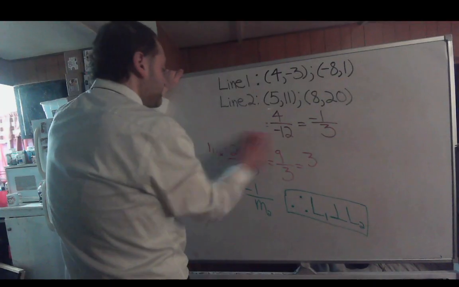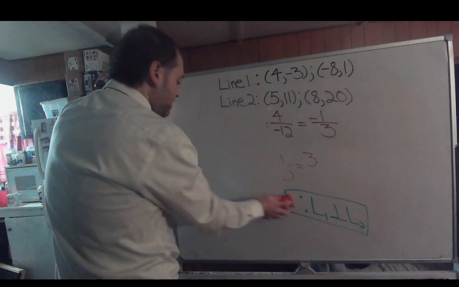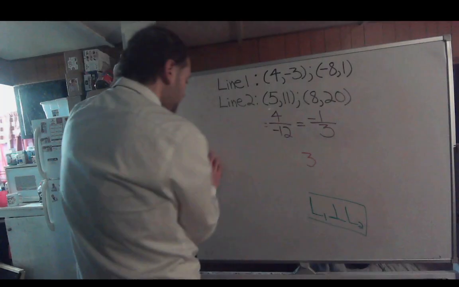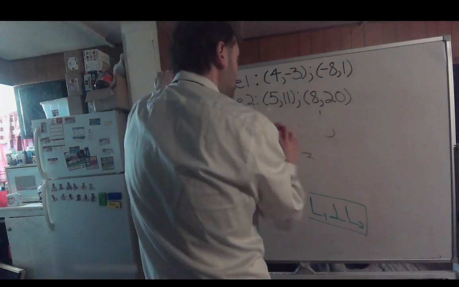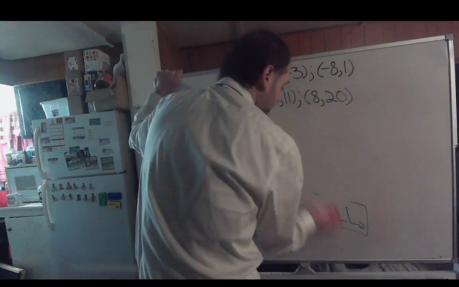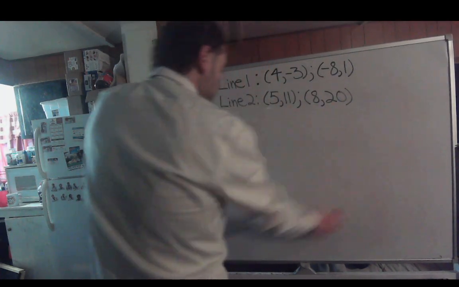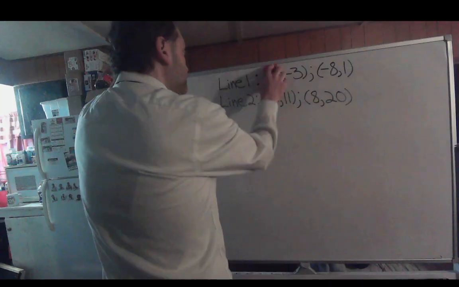I got two more of these, then we're going to talk about rate of change. So let's do two more of these types of problems, then we'll talk about rate of change and what that is.